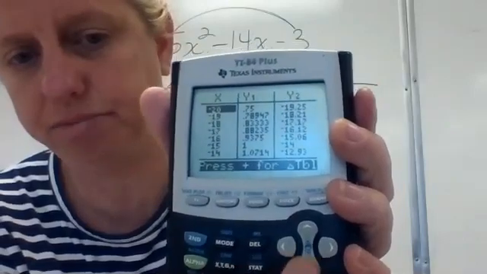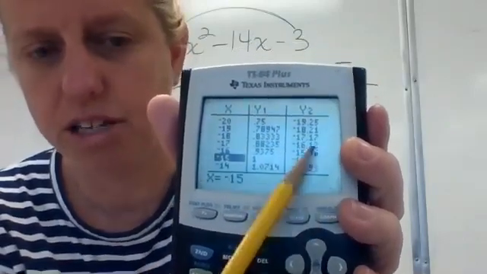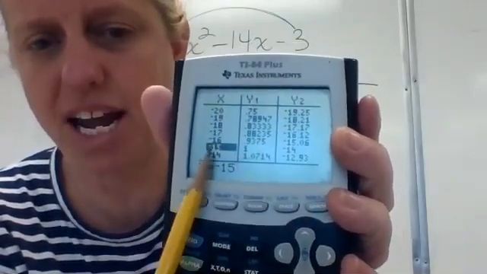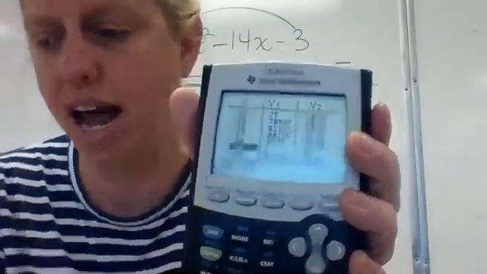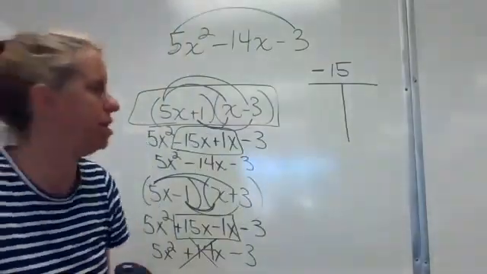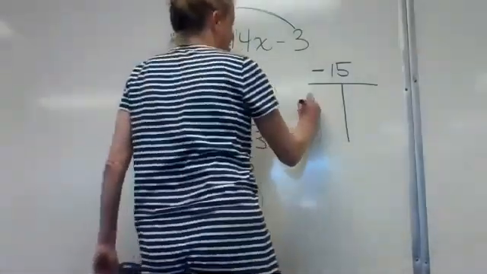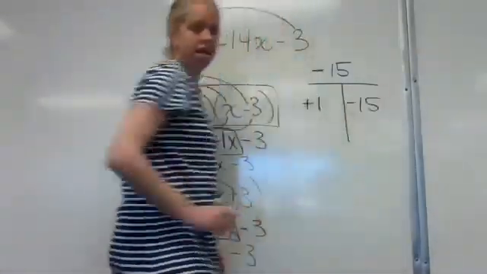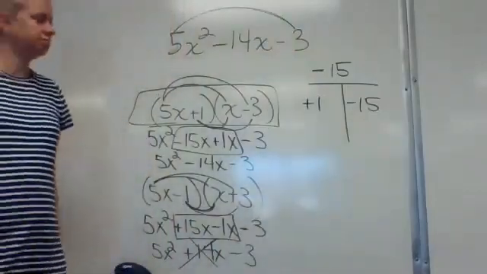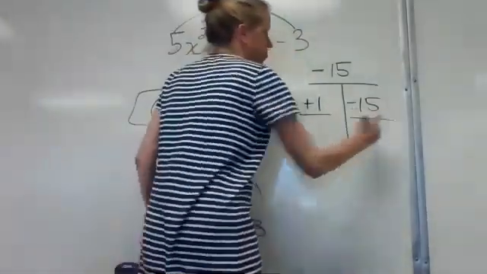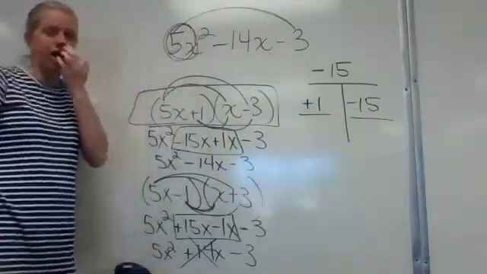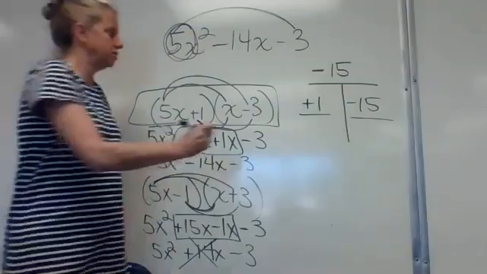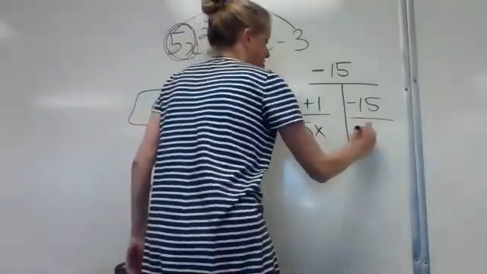So once I see that -14, these are the numbers that I use: +1 and -15. That's what I'm going to put in my little chart. Now remember, I'm going to make some fractions, and this is going to be the denominator of your fraction. So I put them under 5x.